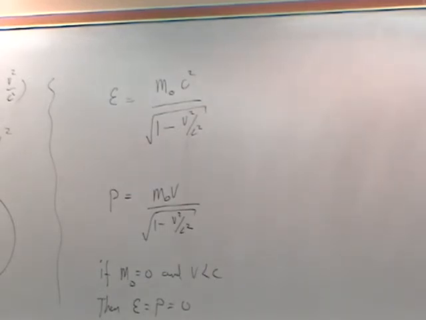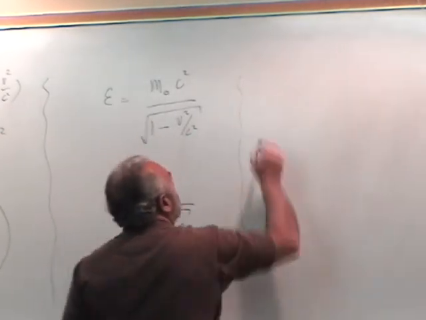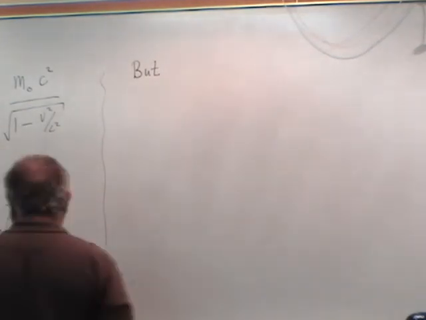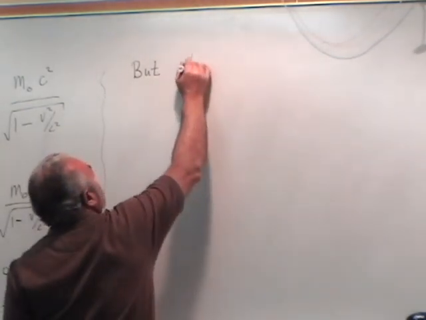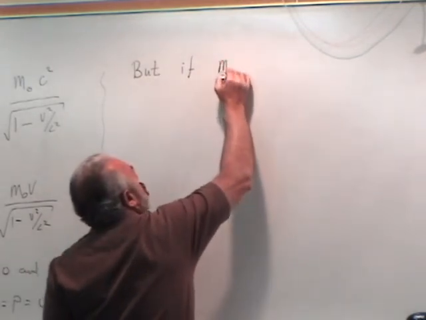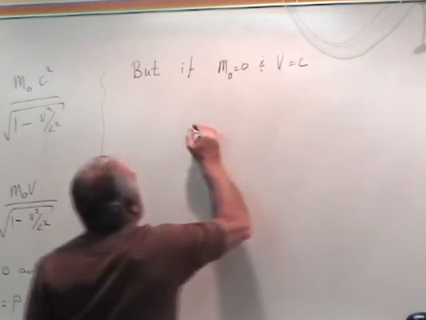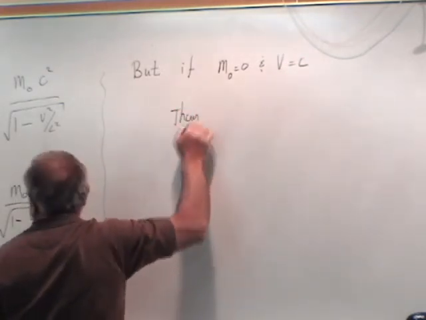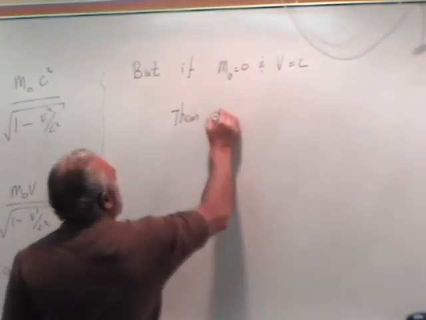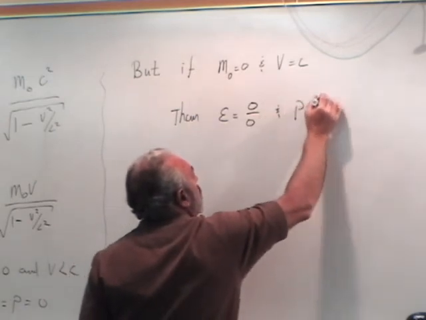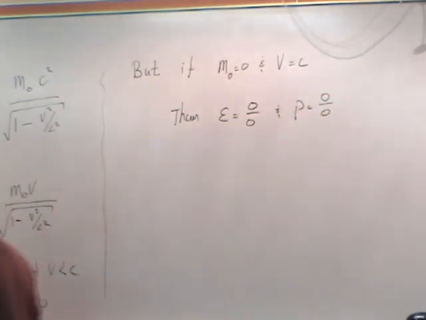But, put a big but on the board. But if m naught equals 0 and v equals c, then E equals 0 over 0 and P equals 0 over 0. And what word do the mathematicians use?